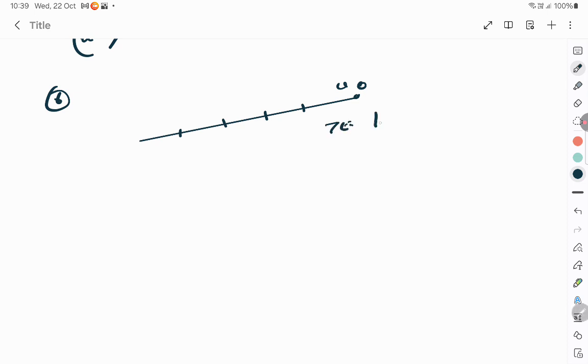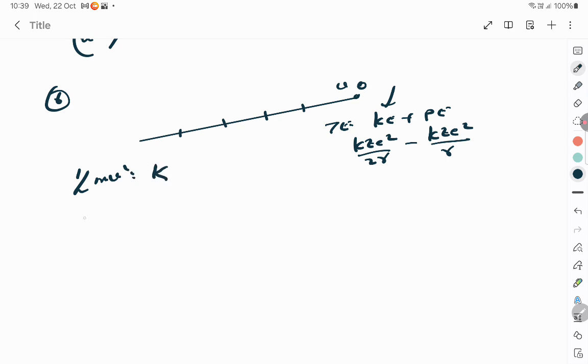The total energy is kinetic energy plus potential energy. Potential energy is minus k z e square by r, and the kinetic energy is k z e square by 2r. And you know how we got this kinetic energy? Half mv square is the kinetic energy.